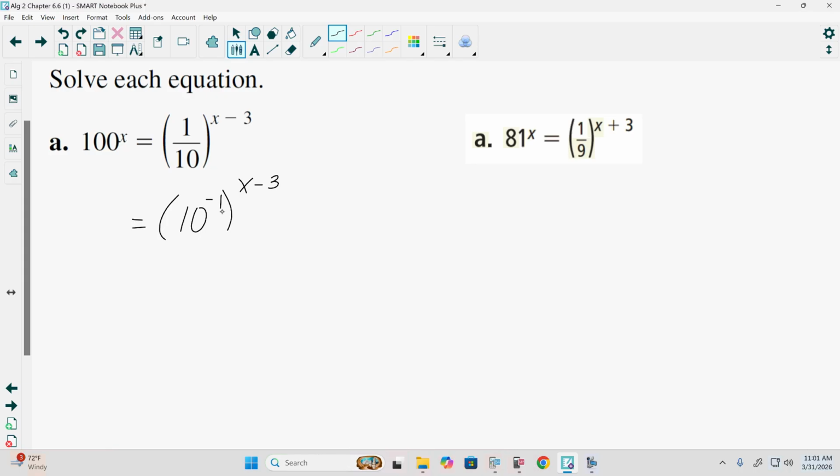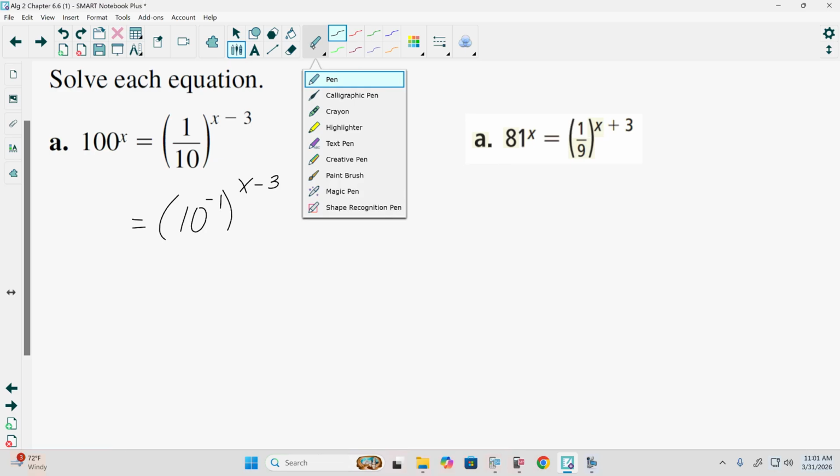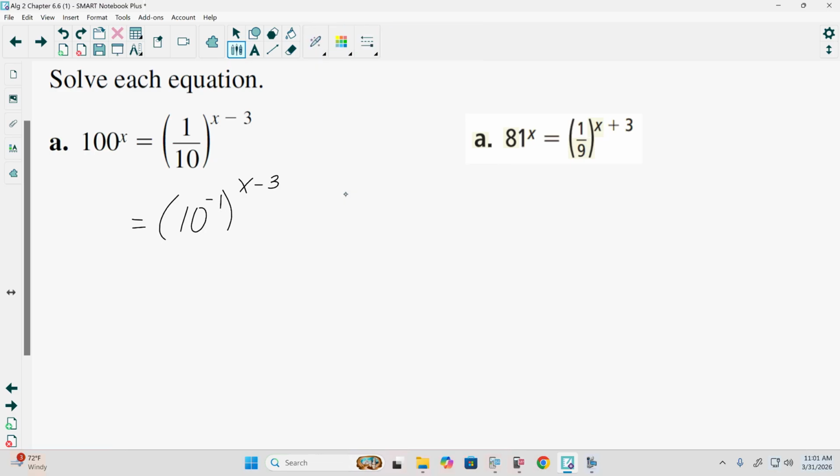So when I move that 10 from the bottom of the fraction to the top, it goes to 10 to the negative first power, because it is 10 to the first power on the bottom, but its exponent becomes negative when we move it to the top. Now there might be a question, well, where did the one on top go? It's still there. We just have 1 times 10 to the negative first, but 1 times anything is just whatever we're multiplying it by. So we don't necessarily have to write in the fact that it's 1 times 10 to the negative first power. Questions on this here?